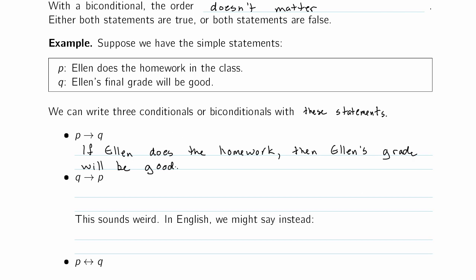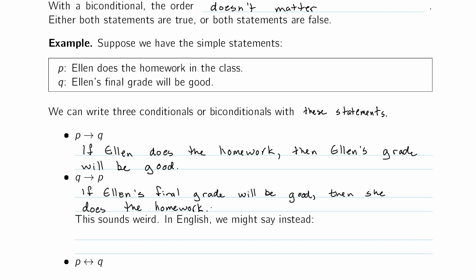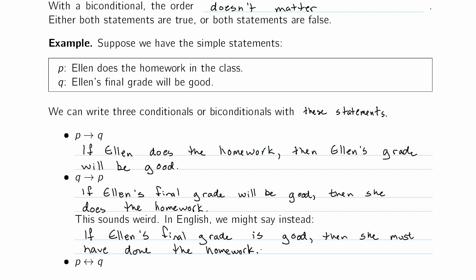If Q then P, well, that would be, if Ellen's final grade will be good, then she does the homework. That sounds really weird in English, right? It feels weird to have something in the if part that happens in the future. So maybe in English we could push this backward in time and say something like, if Ellen's final grade is good, then she must have done the homework.